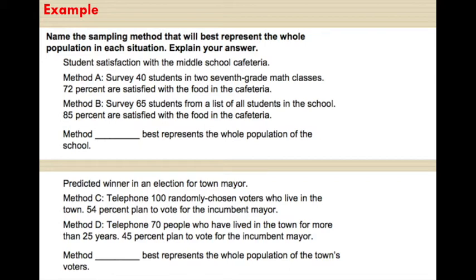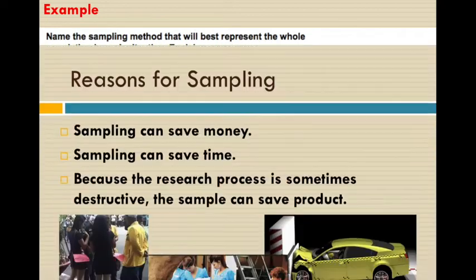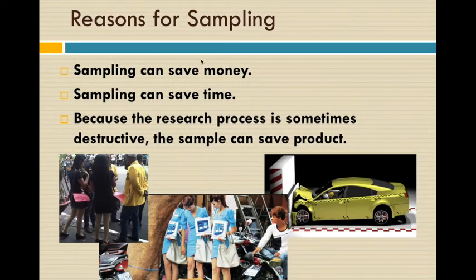Right, so what is the actual reason to conduct sampling instead of studying the whole population? These are the main reasons: sampling can save money, because it does not involve everybody, only the specific group that we want to focus on. And sampling can also save time.